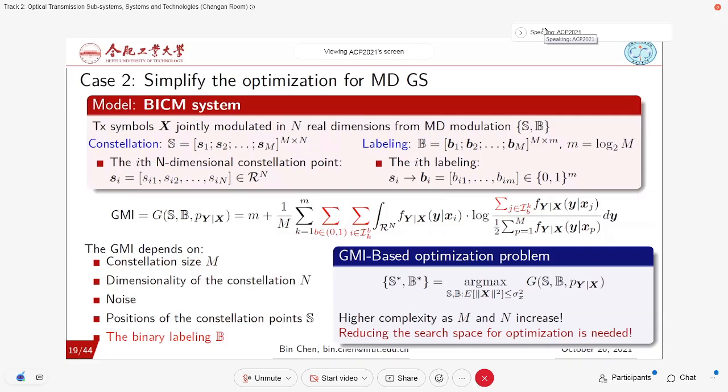And this calculation is very difficult to solve as M and N increase, because the size of your optimization parameters, the matrix S, becomes very large, and the labeling also becomes large. That's why in the previous table it's very hard to find a good constellation with a dimensionality larger than 8D. So the motivation is to reduce the search space to find good constellations.